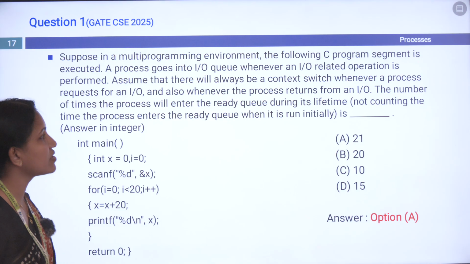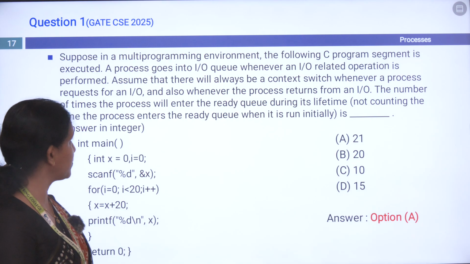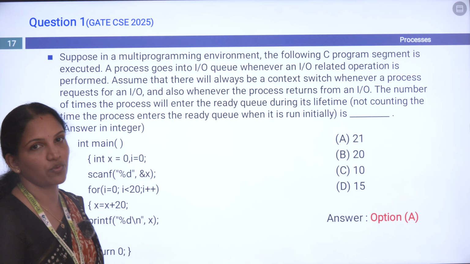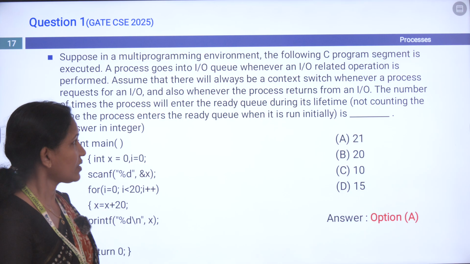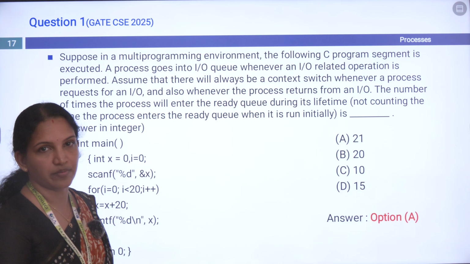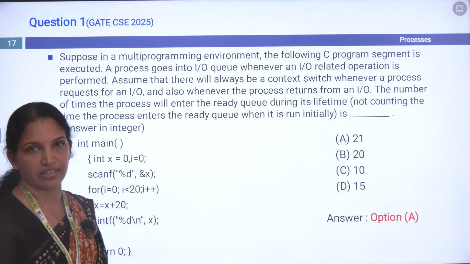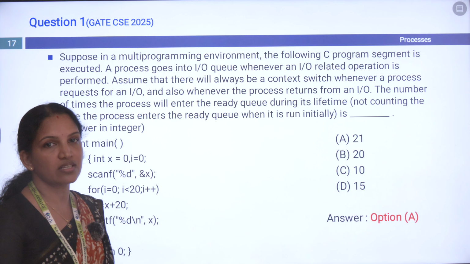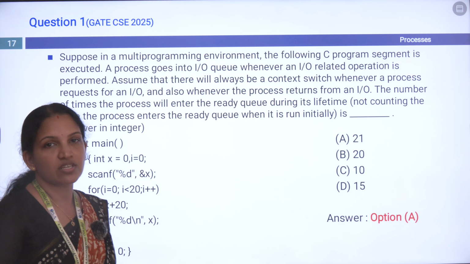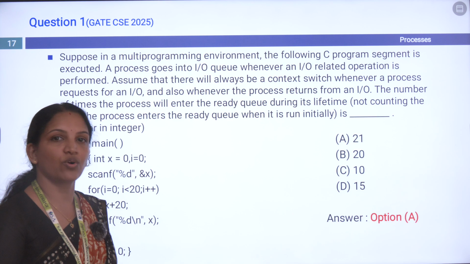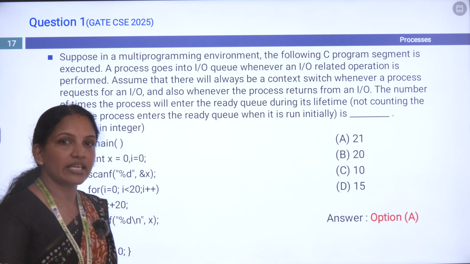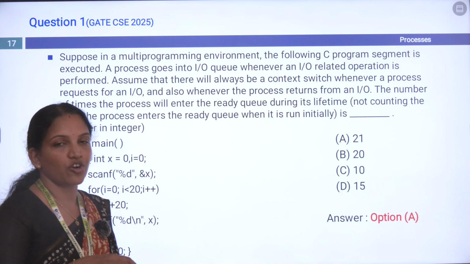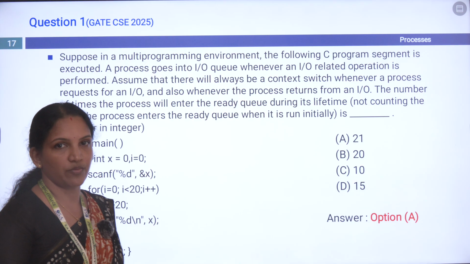So here we are asked to find the number of times the process will enter the ready queue during its lifetime without counting the initial entry. Once the process requests an IO operation, it will go to the IO queue. Then after completing that IO operation, it will enter the ready queue, that we know.